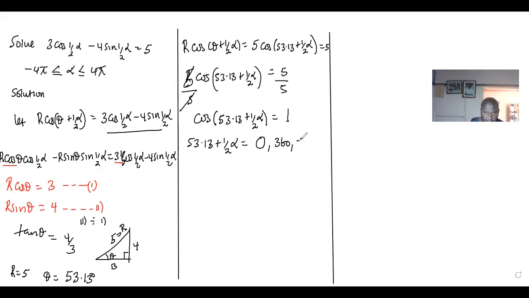Other angles, negative 360. Another one, 720. Another one, negative 720, etc. So our half alpha can be got from negative 53.13, 360 minus 53.13.